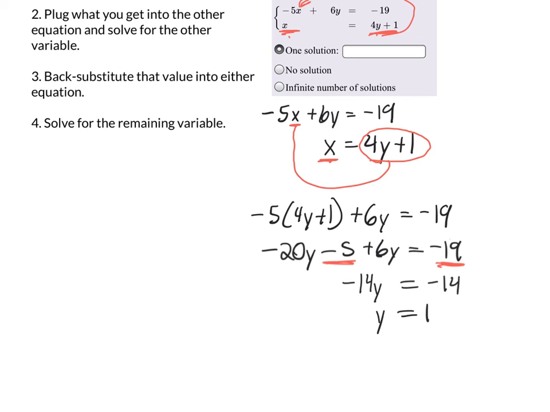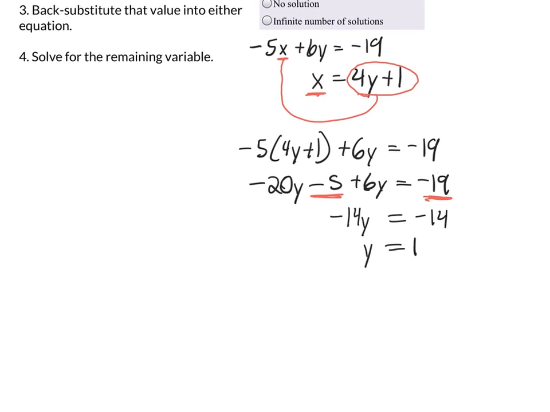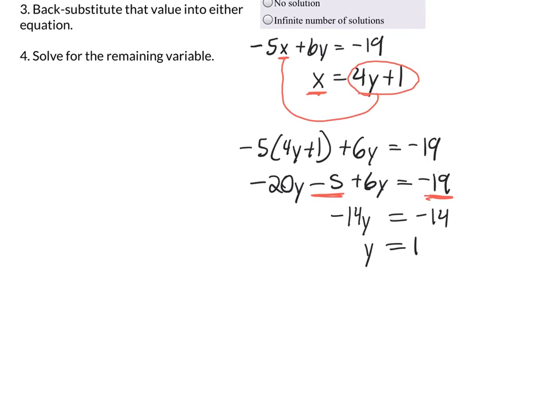That's half of our answer. These can be checked, by the way. Once you find the full answer, you can plug your two numbers that you get, one for x, one for y, back into both equations and make sure that they satisfy both equations. If it does, then you have the correct answer. Now, what we'll do with this, we back substitute that value into either one of your two equations.